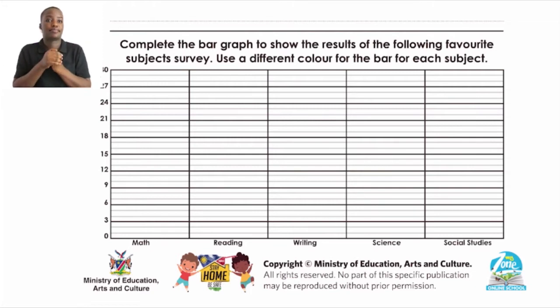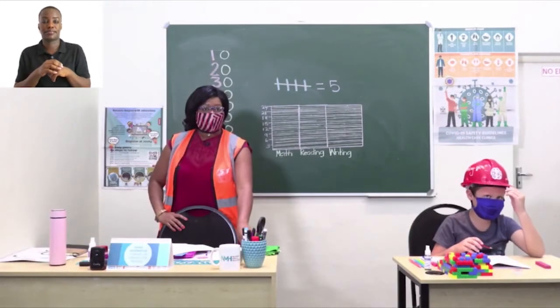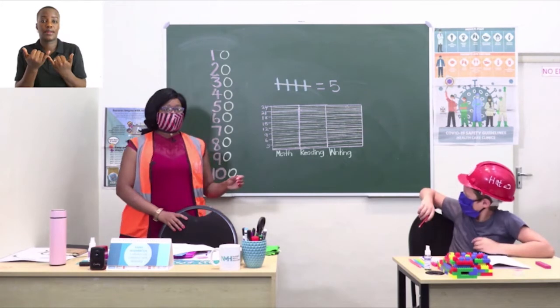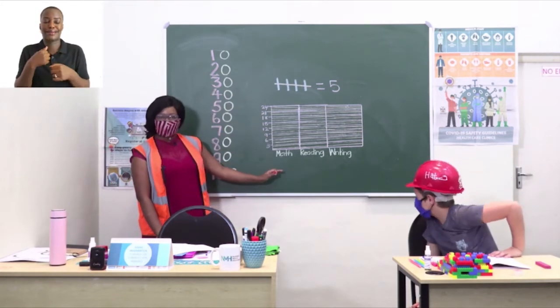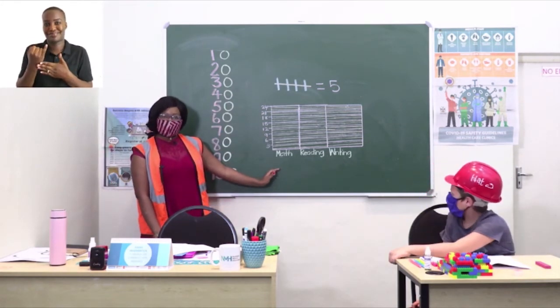I am going to help you fill in the first 3 subjects, which are math, reading, and writing. Let's take a look at the board. Now, you can see that I have tried to draw a bar graph.